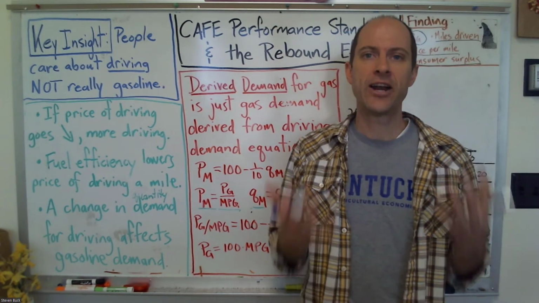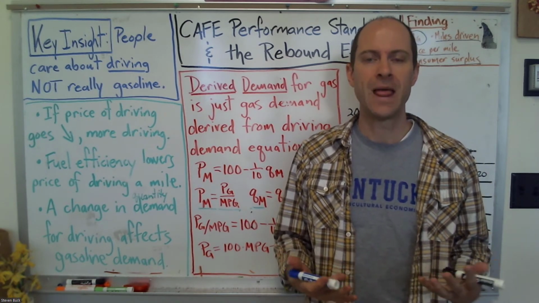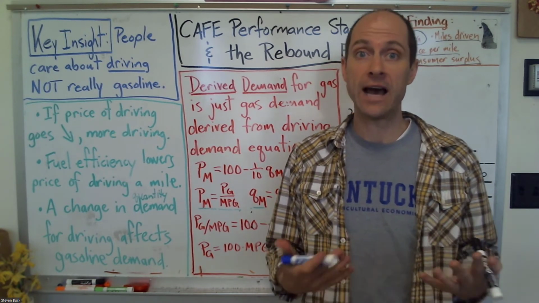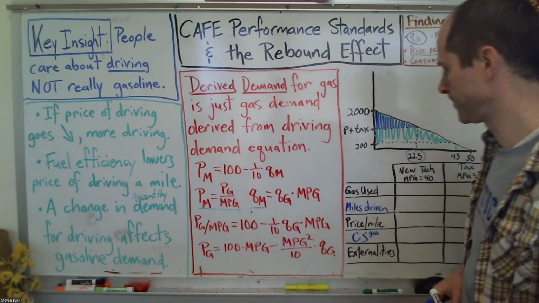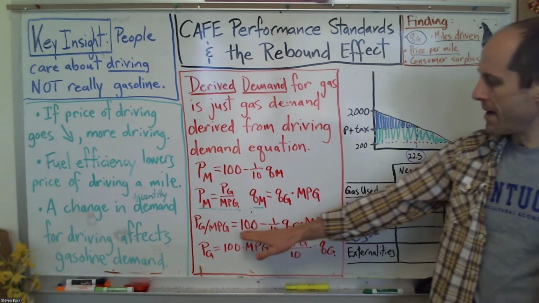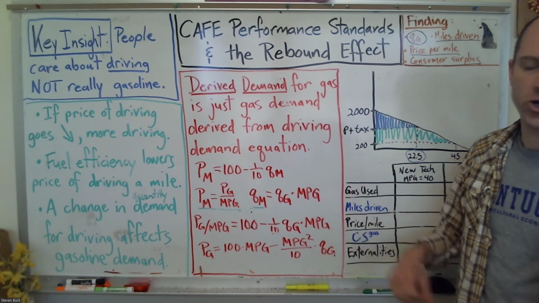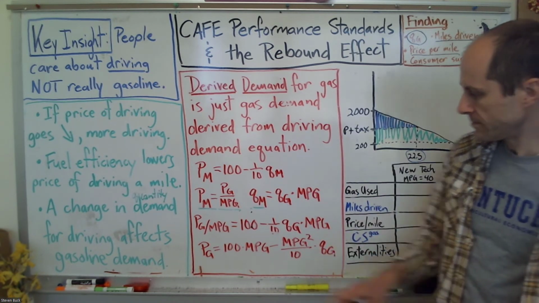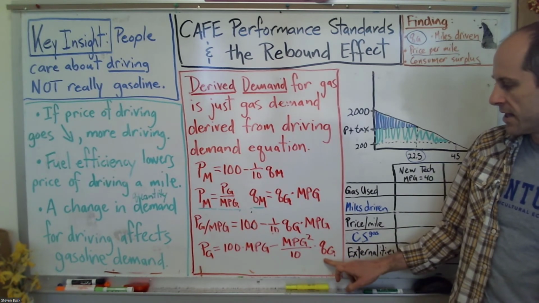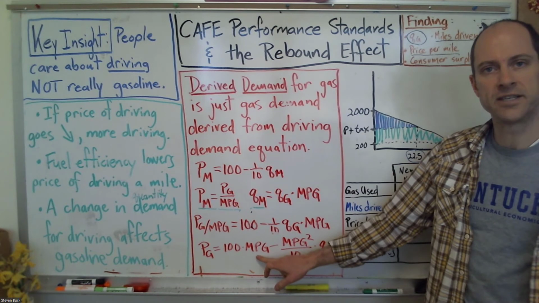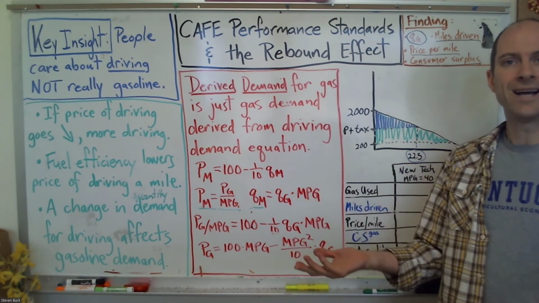This is part of the reason energy efficiency policies or performance standards are so attractive, because they are going to turn out to be really advantageous for consumers. Let's take a look now to see why. Let's go back to our derived demand equation, or our demand equation for gasoline. We solved for it in terms of miles per gallon. Let's suppose with a new fuel efficiency standard, we've increased it to 40 miles per gallon. Why is that?